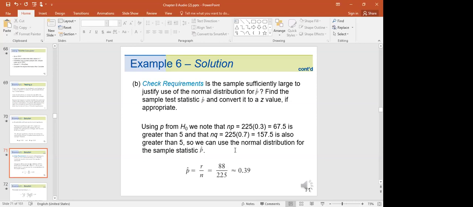Then the number of successes here is X, which is 88. And the number of trials, or the sample size, is 225. Remember that the alternate hypothesis was P is greater than 0.3. So it's a right tail test. So we are going to choose greater than.